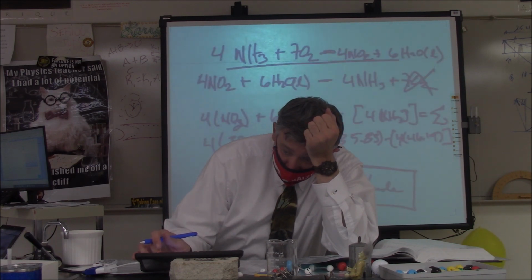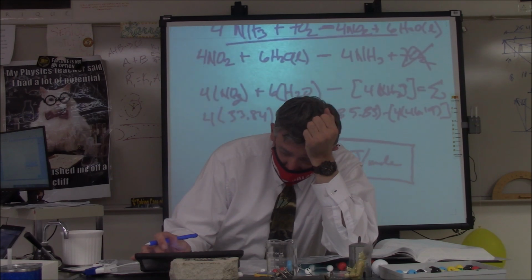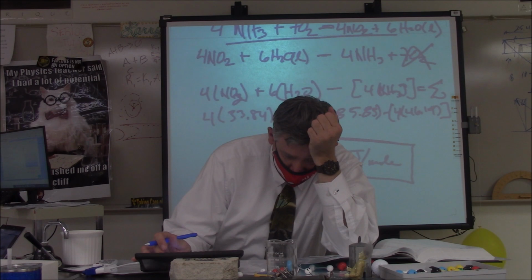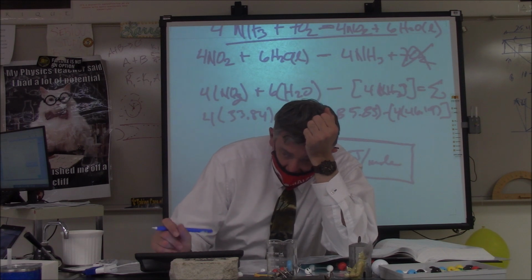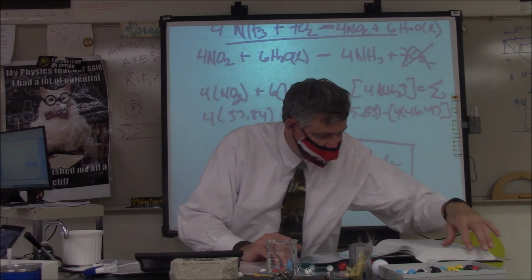It's not 6. Should be 4 times 33.84, right? Okay. 6 times negative 285.83. And then get the sum of that. Add that together, and then minus 4 times 46.19. No, that 46.19 is a negative value.